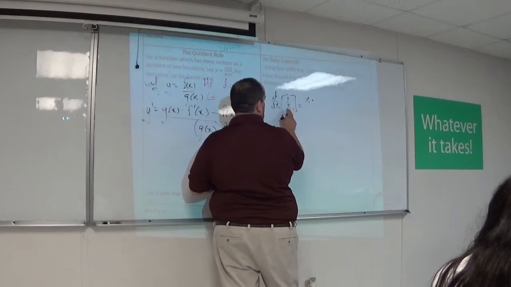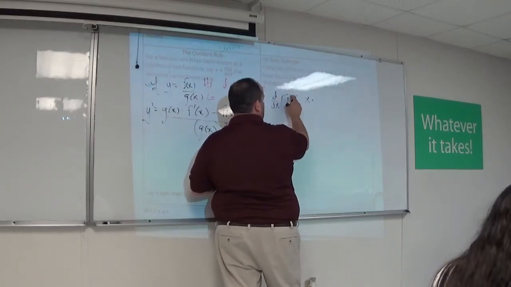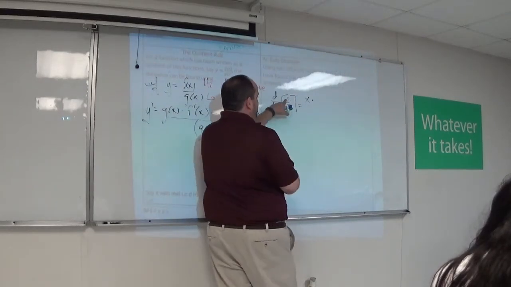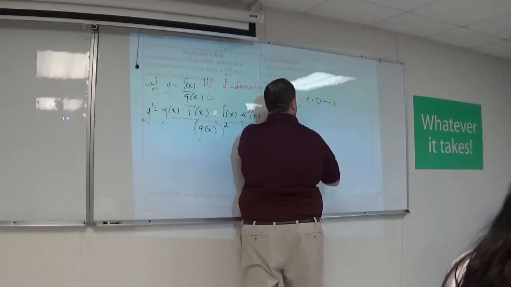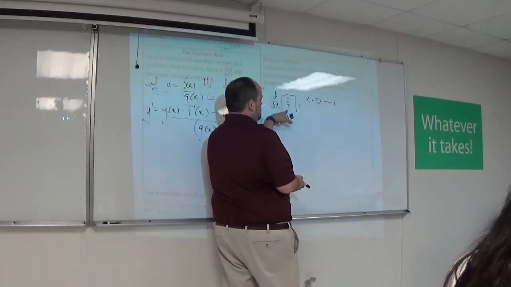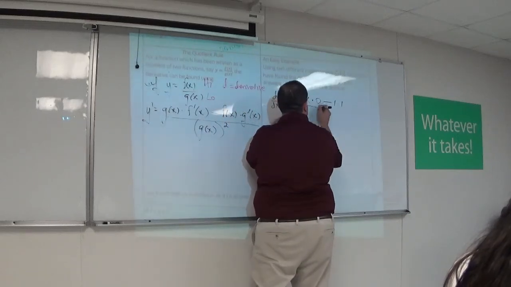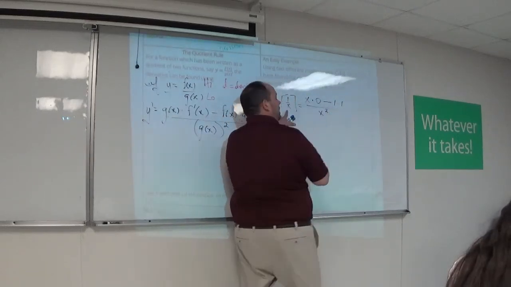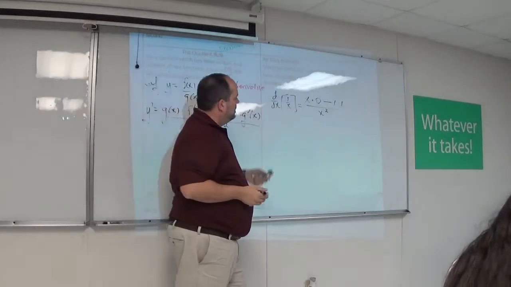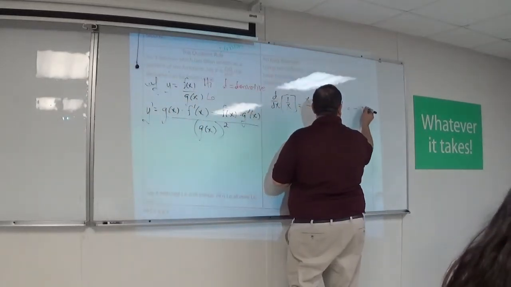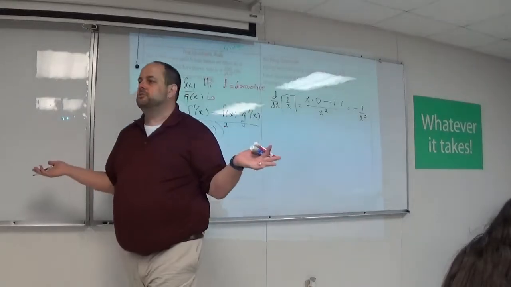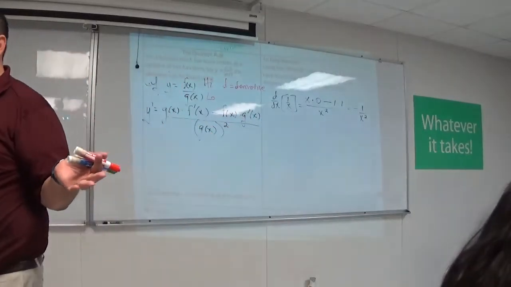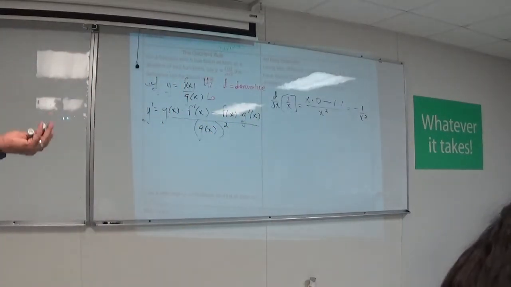Low times negative 1... D high, the derivative of 1, is 0, minus high D low, 1, all over low low. That's going to be negative 1 over x squared. Congratulations, you just successfully used the quotient rule. Low d high minus high d low over low low.